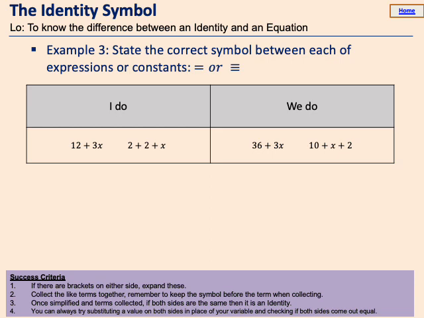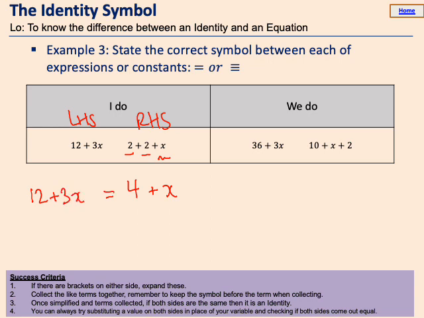Okay, so let's have a look at these ones. So again, our left-hand side, there's a pattern here, is simplified. The right-hand side is the one that we need to have a play with. So again, we have a 2 and a 2, so our constants can be collected. So we get 4 on the right-hand side plus x, because there's nothing for the x to simplify with. Now let's look at the left-hand side. We have 12 plus 3x.